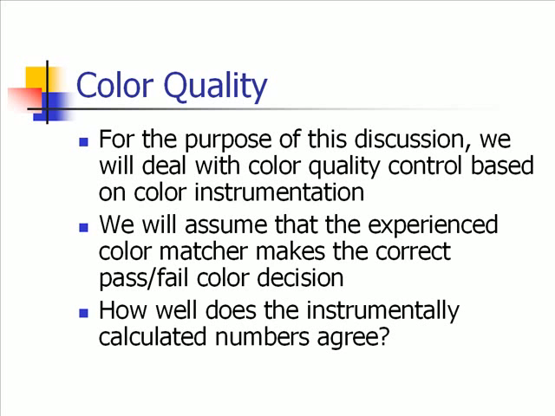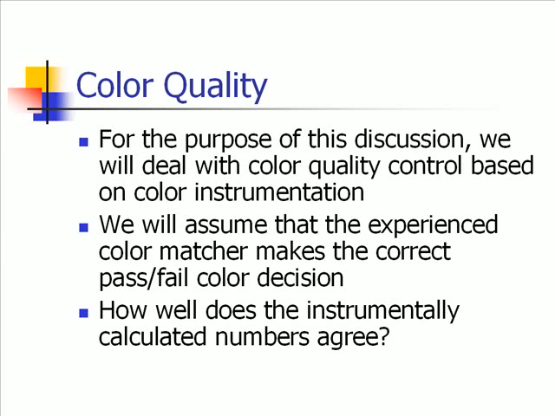We always say it comes down to, does the color look good? And really it goes back to not just the color matcher, but the customer. The customer says it's no good, no matter what you tell him. If he doesn't like it, then he's right. If he doesn't accept it, then it doesn't matter if you think it's right on, it's no good. But that's what we're going to use as our correct decision: what somebody sees with their eyes.